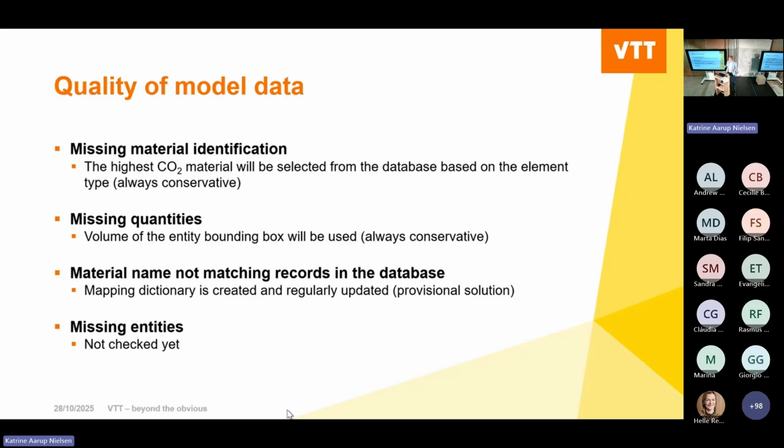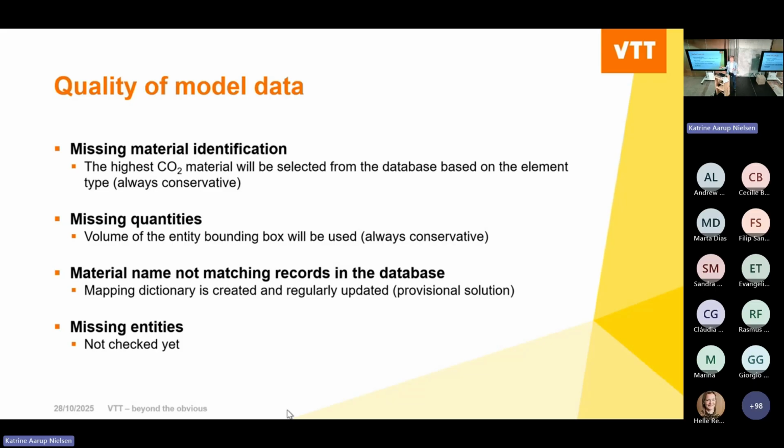We need to know how much of a certain material is in the building. Also, the material name does not match the records in the official databases that I just showed, which are maintained by the Finnish Environment Institute. So if a label in the IFC model is different from the database, you have to manually match them to make interoperability possible. But there are also some missing entities.